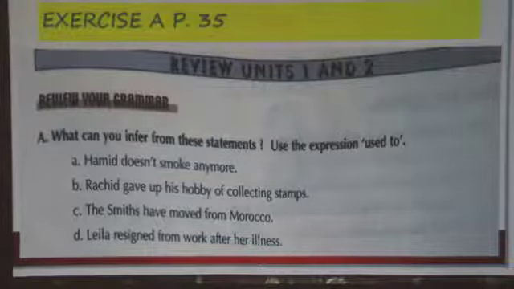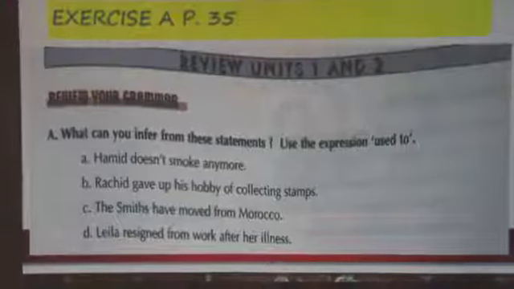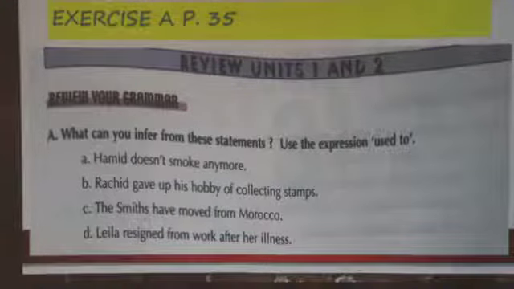Okay then, let's start the correction. Here you are. Now, as you have seen, in the first sentence we have Hamid doesn't, which means at the moment or in the present time, doesn't smoke anymore, which means he stopped smoking.